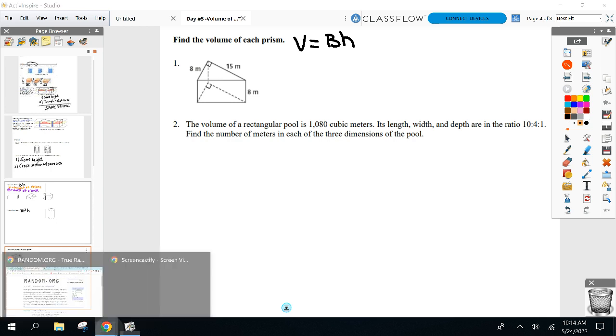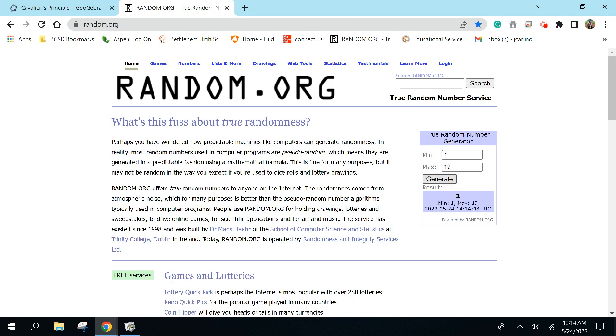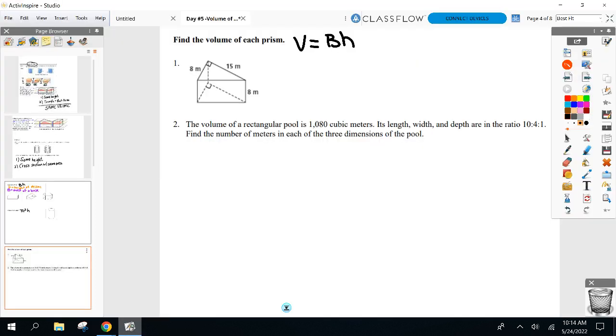Remind me what capital B stands for again in this formula. Area of a base. And what's the shape of the base? Triangle. Everyone agrees? So for the first couple, I'm just going to do big B over here. It was a triangle, so I'm going to do 1/2 base times height for that triangle. All good where that's coming from? That's the area of a triangle.